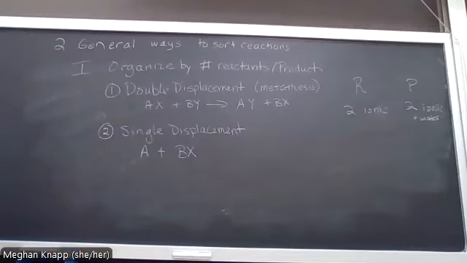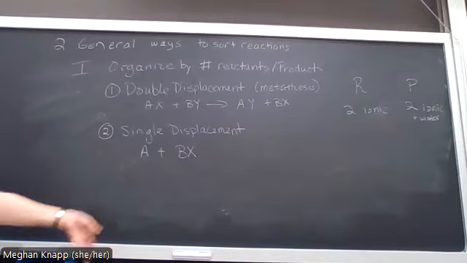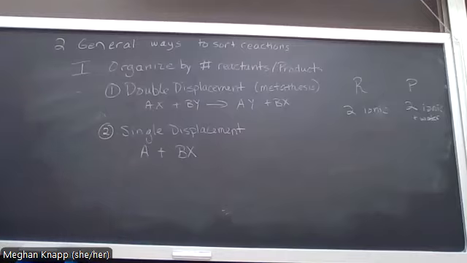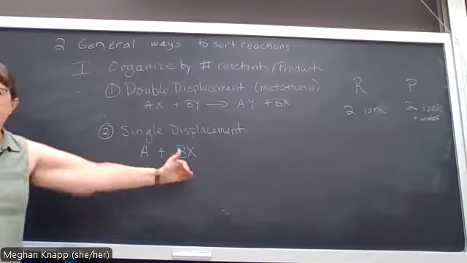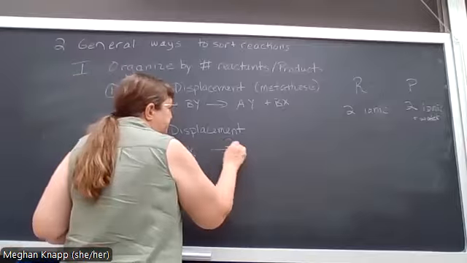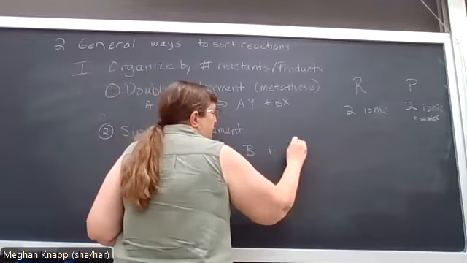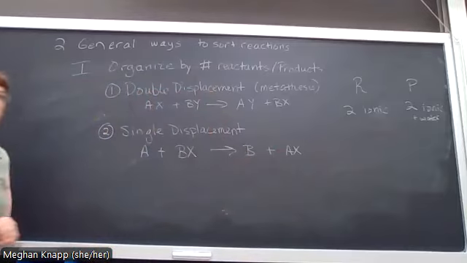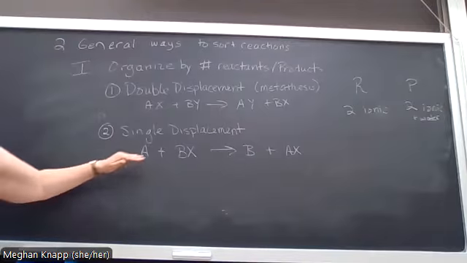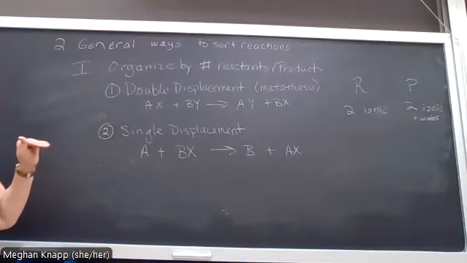So this is somebody, A, goes to the party alone, sees a couple dancing. B goes off and grabs some punch. By the time B comes back, A is dancing with X. Okay. So we've got B bumped out of the situation and A put in the situation. So we still have two reactants and two products, but the difference is we have elements instead of ionic compounds.